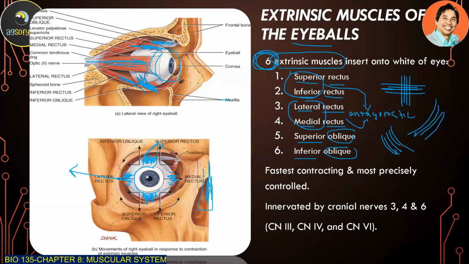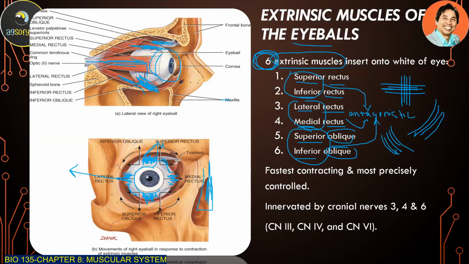Now, how about if you want to twist your eyeballs a little bit, you can do it also by contracting this oblique muscle, superior oblique and inferior oblique. And again, both of these superior oblique and inferior oblique will be antagonistic muscles too. One relaxes, the other one contracts.